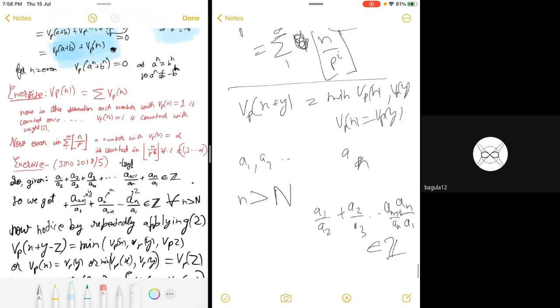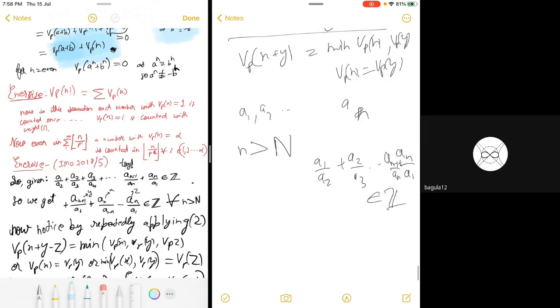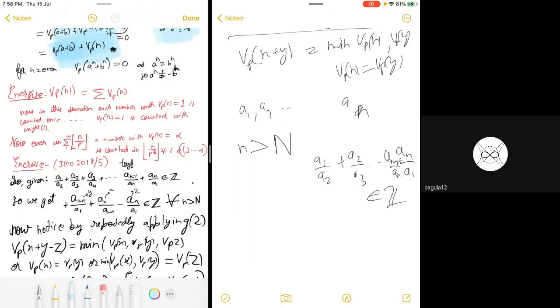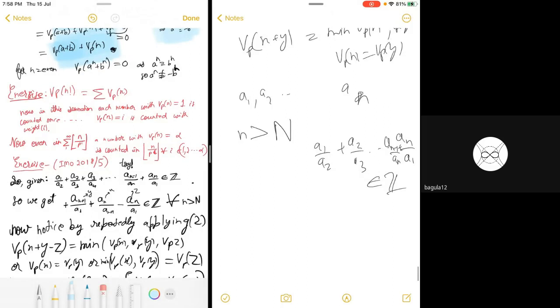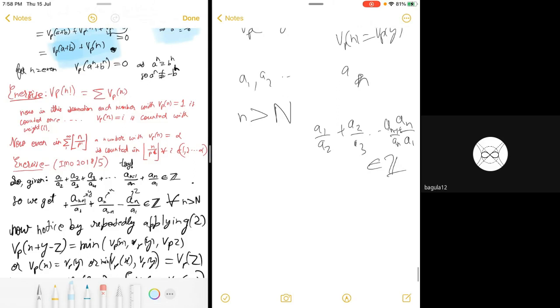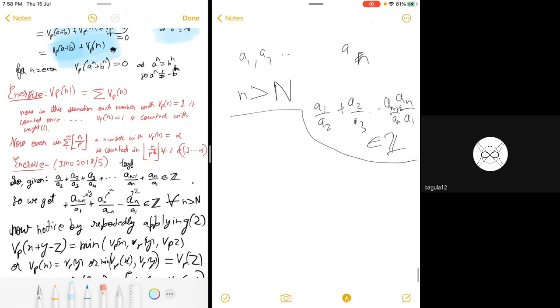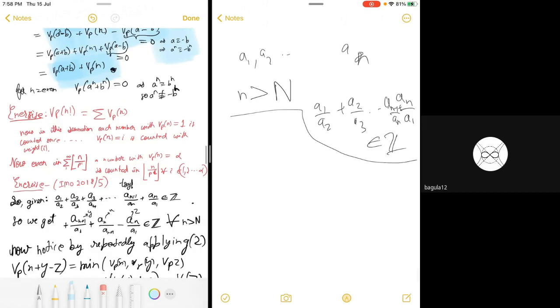In this problem, if we just try divisibility arguments, we won't be able to do it, because the problem is basically made for considering a prime p dividing this.